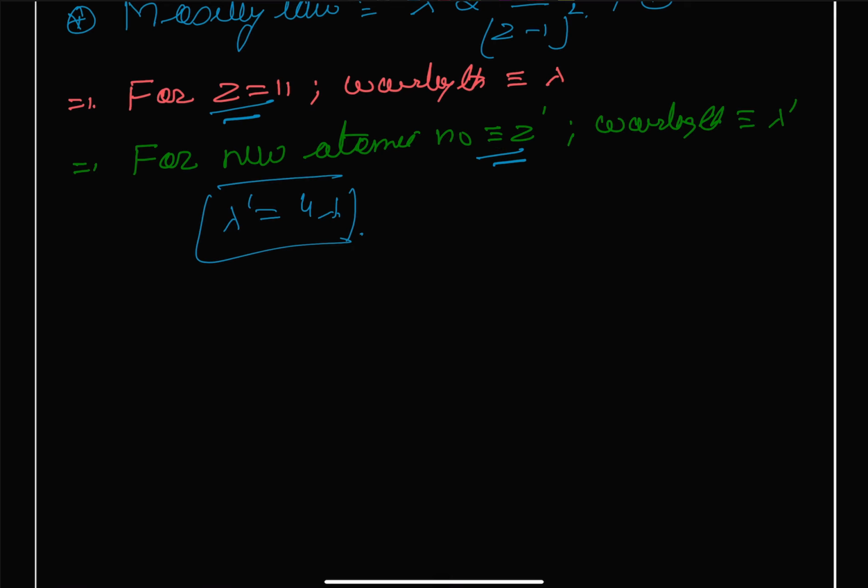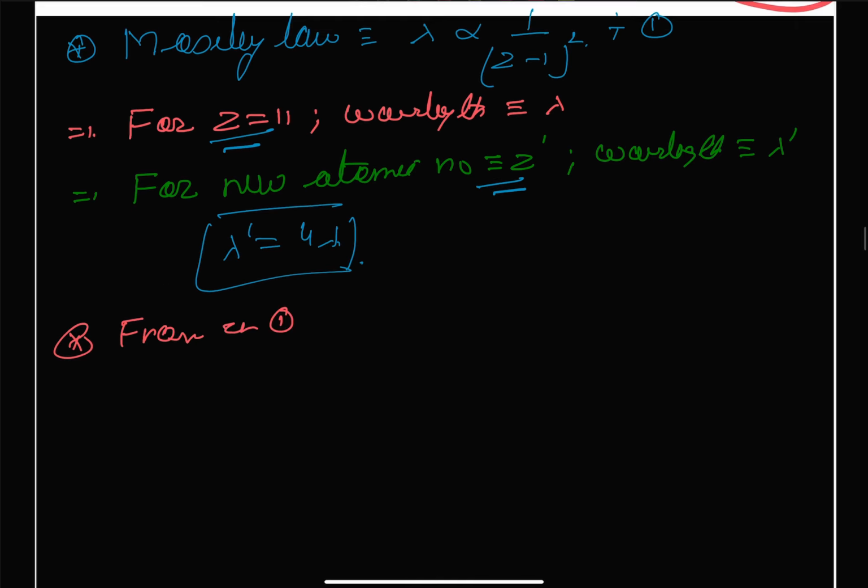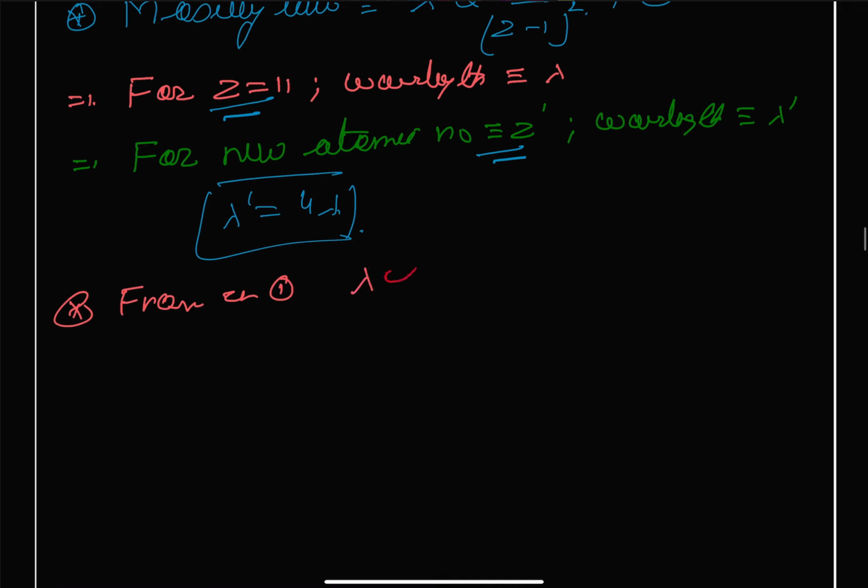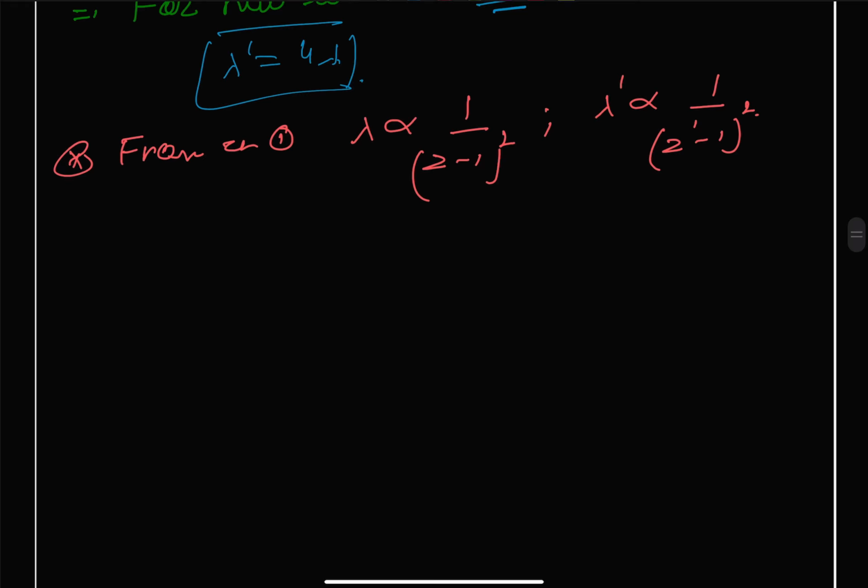So from equation 1, we can write that lambda is proportional to 1 upon Z minus 1 whole square, and lambda prime proportional to 1 upon Z prime minus 1 whole square. We can easily find out the ratio.